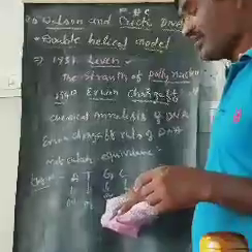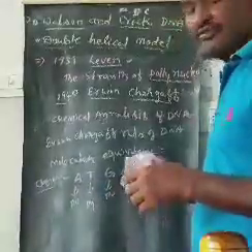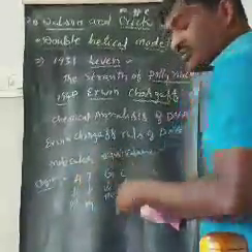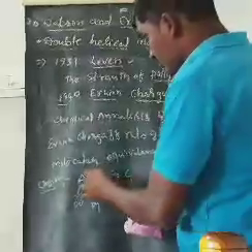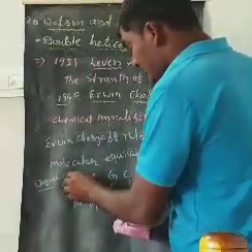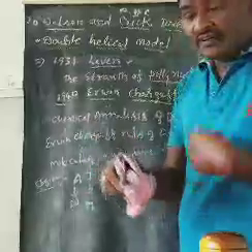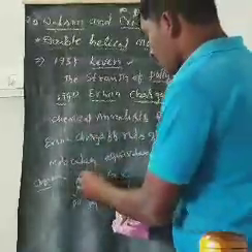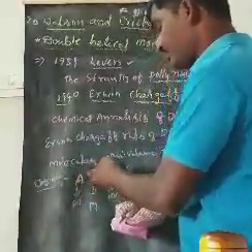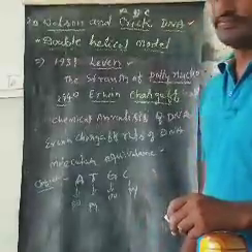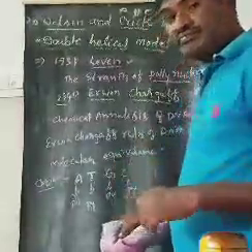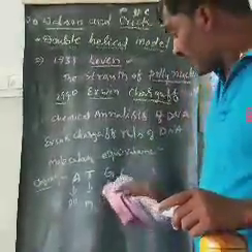So adenine binds to thymine and guanine binds to cytosine.